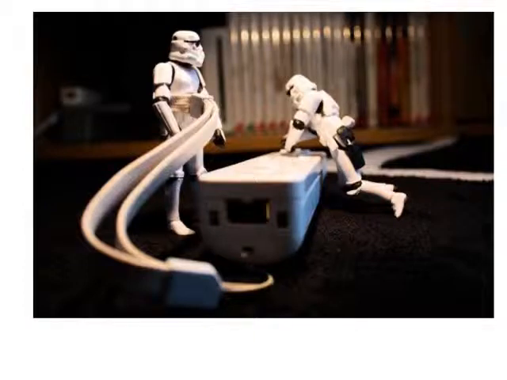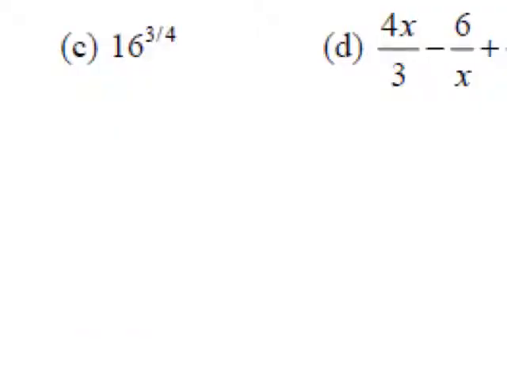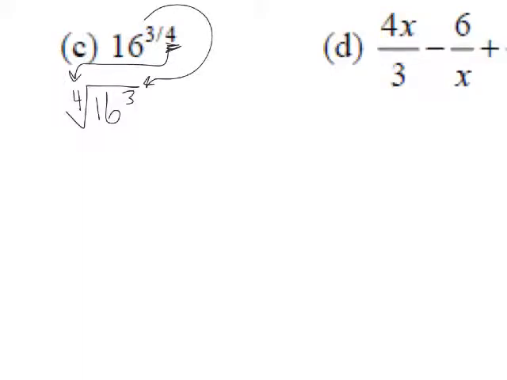All right, the next example, 9c, is very easy. So let's get to it. Okay, 16 to the 3/4 we know can be rewritten if we wanted to as a radical expression. So the denominator is the index and the numerator is the power.